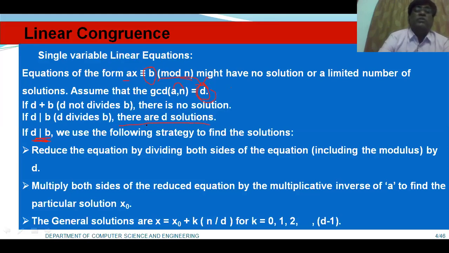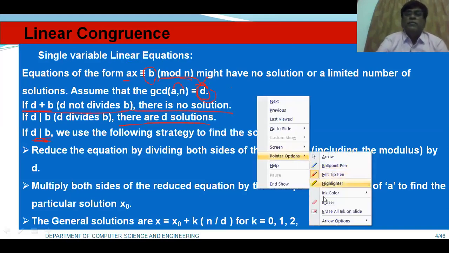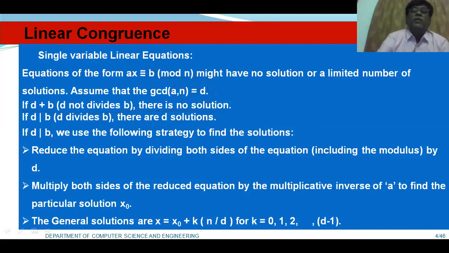If D does not divide B, then there is no solution. So only two things: first, find the D value, which is the greatest common divisor of A and n. Now divide B by D. If D divides B, then it has D solutions. If D does not divide B, then the equation has no solution.